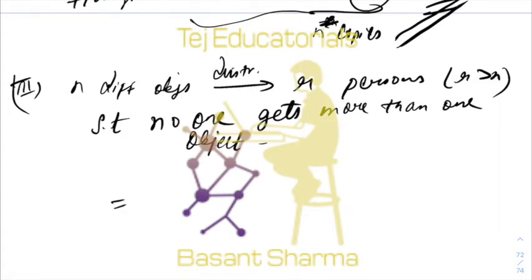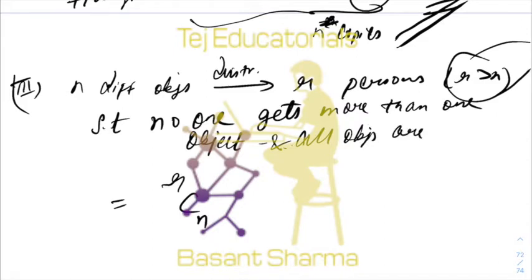The number of persons is more than the number of objects, strictly greater than n. The statement says that no one gets more than one object. So if at all a person gets an object, he or she cannot get more than one object, and all objects are to be distributed.